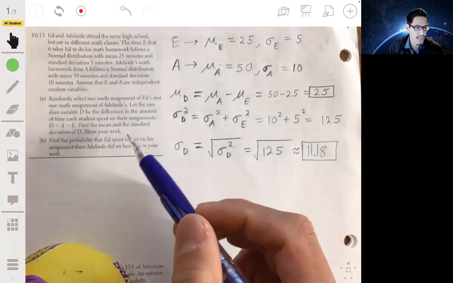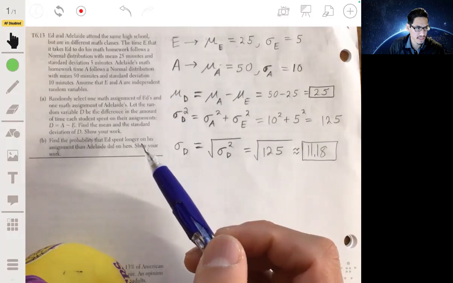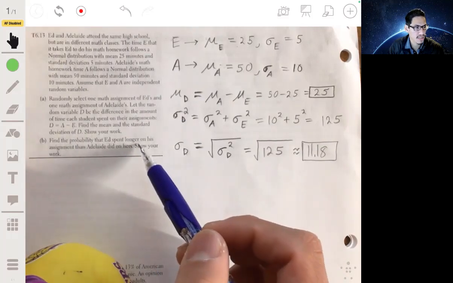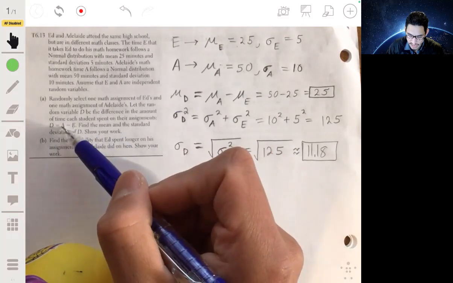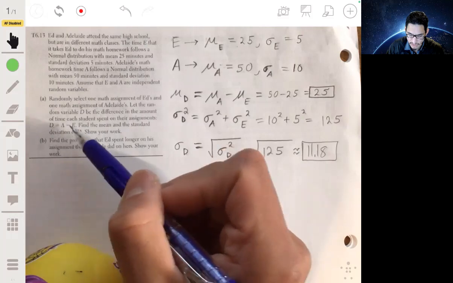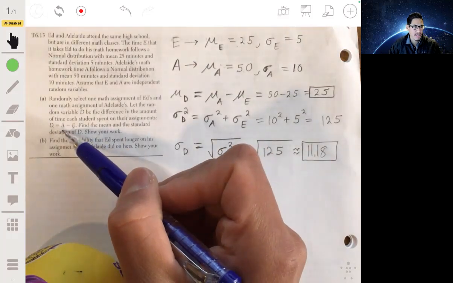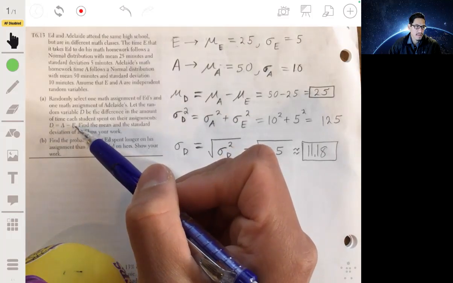Okay, so we got part A. Now in part B, we have to find the probability that Ed spent longer on his assignment than Adelaide did on hers. If Ed spent longer, then with A minus E as the difference, that means E needs to be greater than A, because Ed is spending more time.